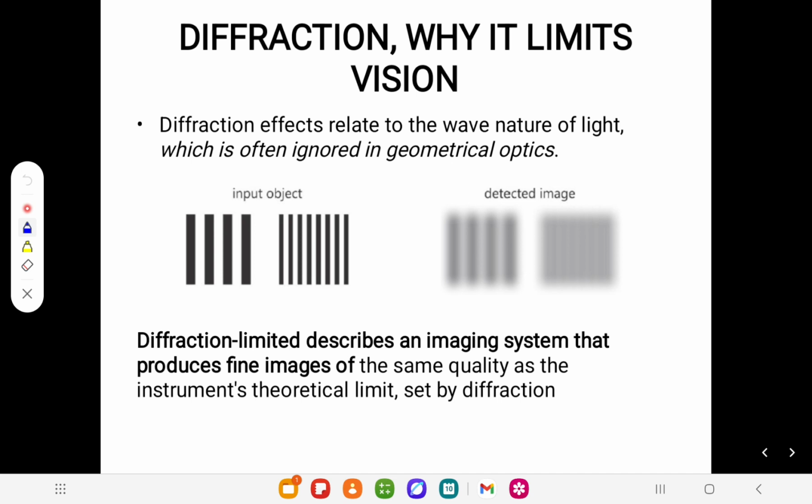We consider diffraction as wave nature, and it explains why the image is degraded even in a geometrically perfect optical system. So diffraction is related to the wave nature of light, which is often ignored in geometrical optics, because in geometrical optics we talk about focus and defocus, but we don't talk about diffraction.